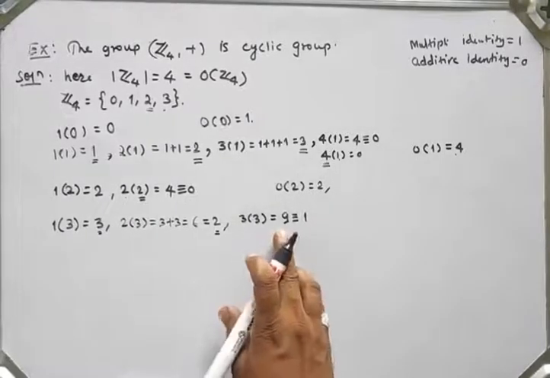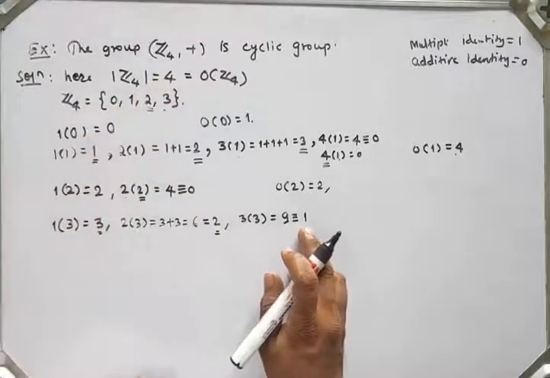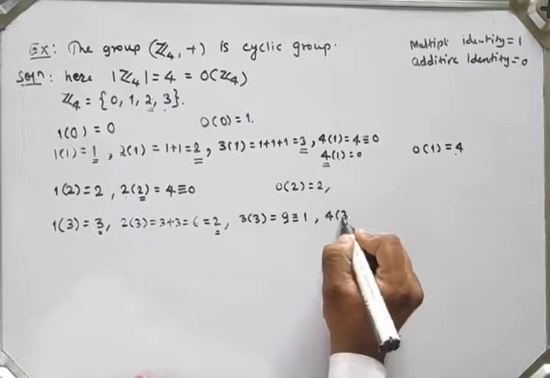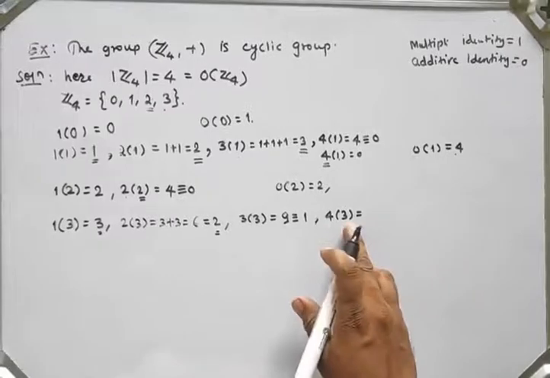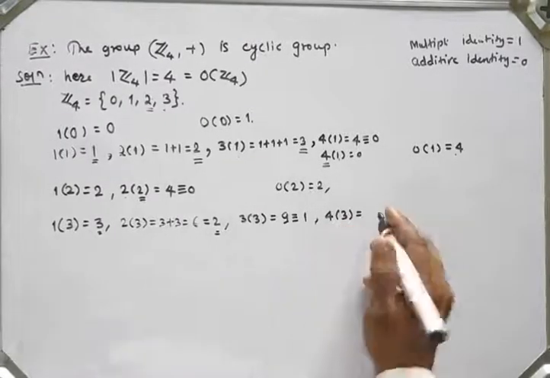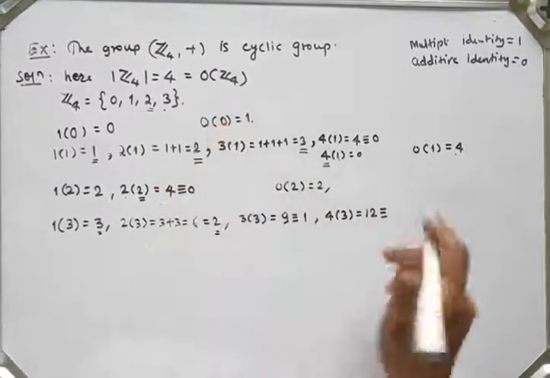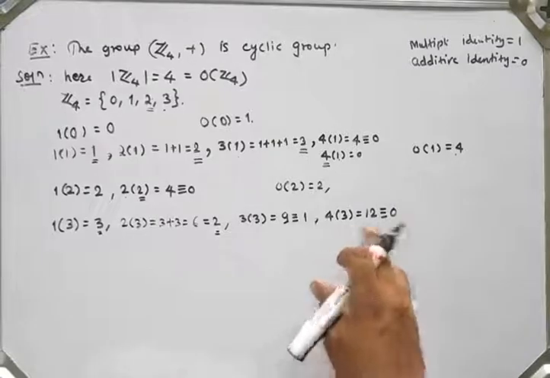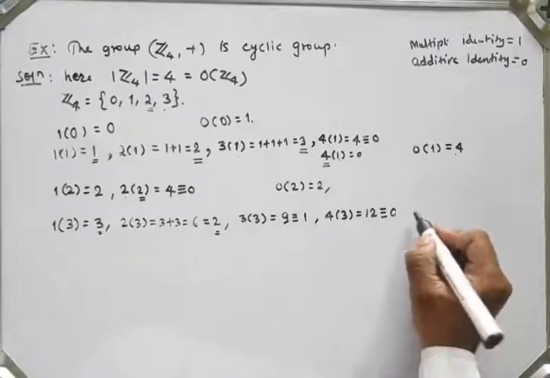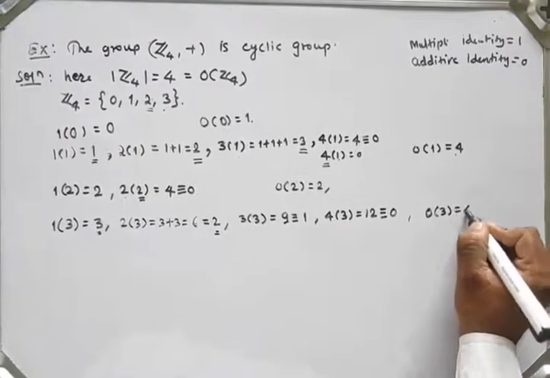And the last is 4 into 3, which means addition of 3, 4 times. So 4 into 3 is 12, and modulo 4 the result is 0, right? Here 4 into 3 is equal to 0, so you can stop the operation. Therefore the order of 3 will be 4.